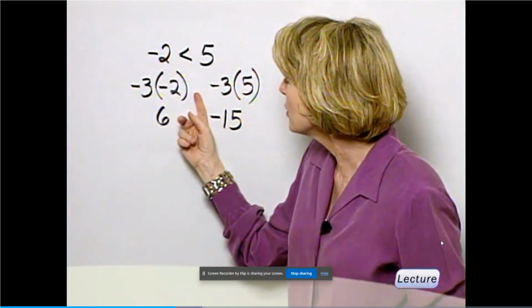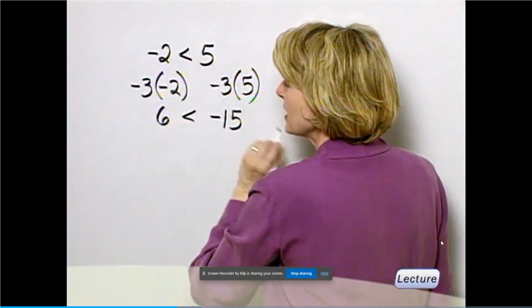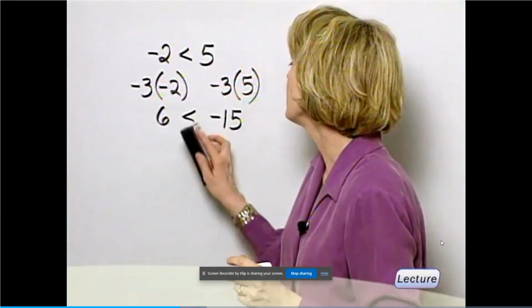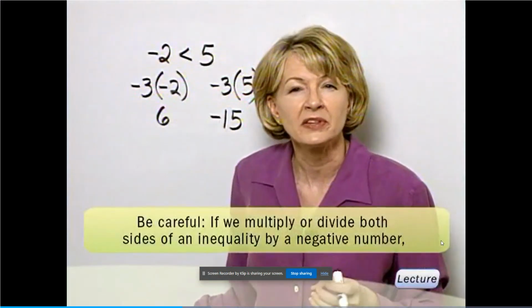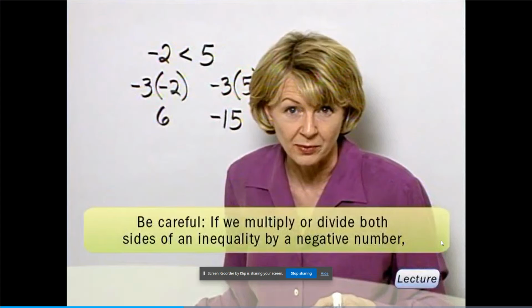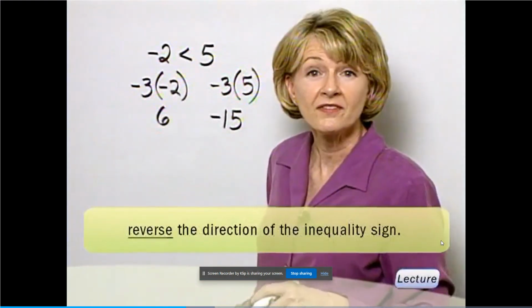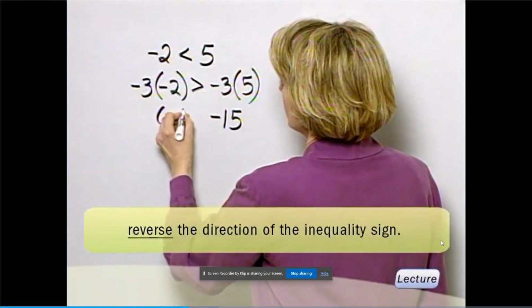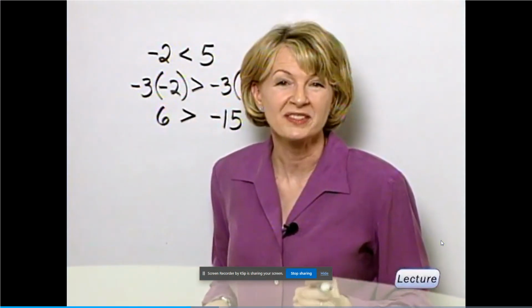The answer is no, because this is a true statement. If I kept the same inequality symbol, that would be a false statement. How do we keep a true statement going then when we multiply both sides of an inequality by a negative number? We do so by reversing the direction of the inequality symbol. By reversing the direction, we keep a true statement.